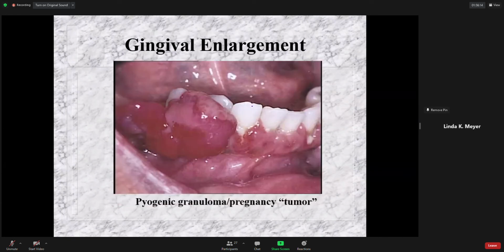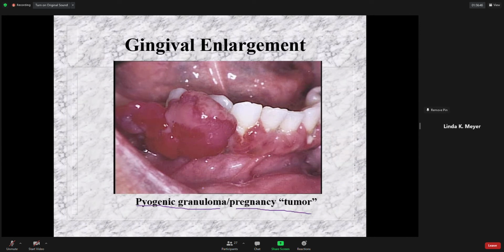There's an inflammatory gingival enlargement. When someone is pregnant, there can be an exaggerated response to local irritants like plaque and calculus, forming these localized gingival enlargements, and they're referred to as a pyogenic granuloma or pregnancy tumor.